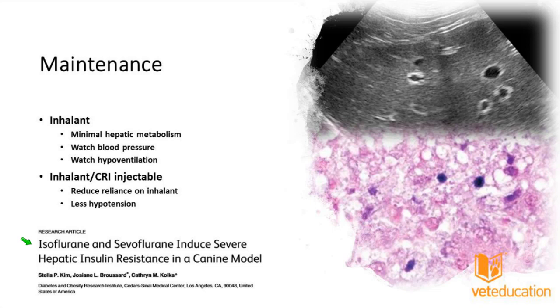We use about half to two-thirds of that as our induction dose, and then we give it to effect. So in some patients we might be drawing up about 4 milligrams per kilo as an induction dose, and we might only use 1.5 or 2 milligrams per kilo to induce the patient if that's all it takes for us to be able to safely intubate the patient.